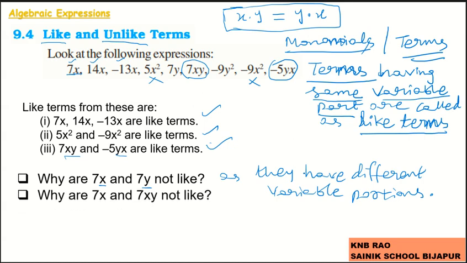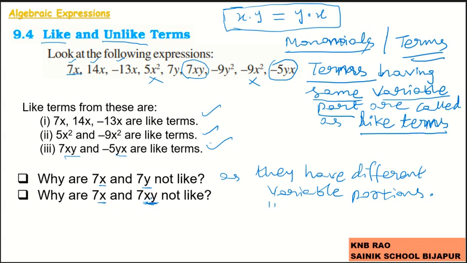One more question: why are 7x and 7xy not like terms? Same reason, they are unlike terms because they have different variable portions, though there is x here and x here. But in 7xy, along with that x variable portion, we have one more factor, y.